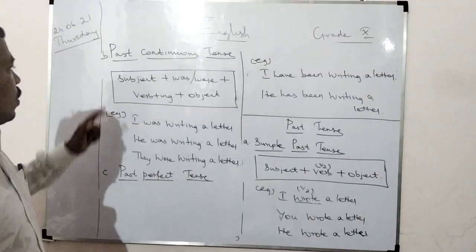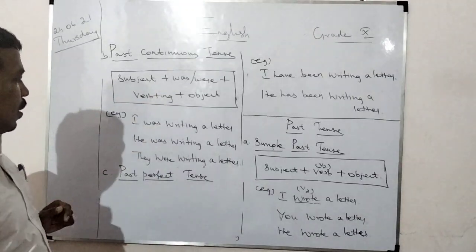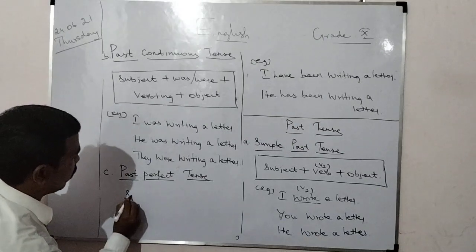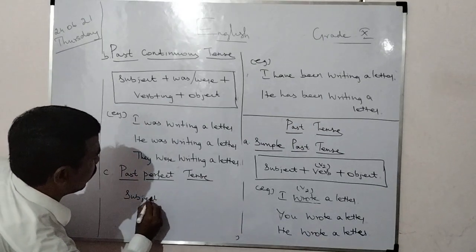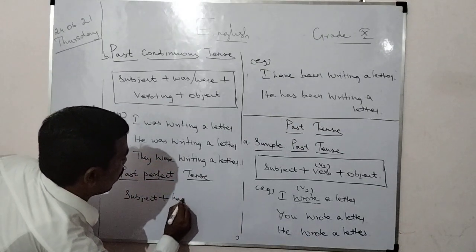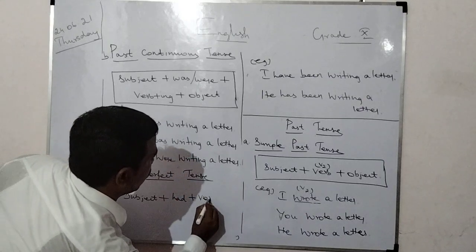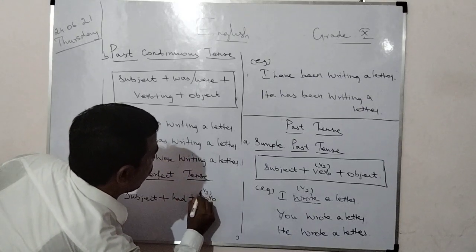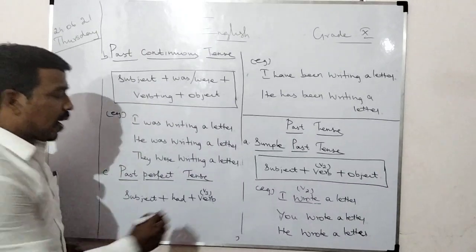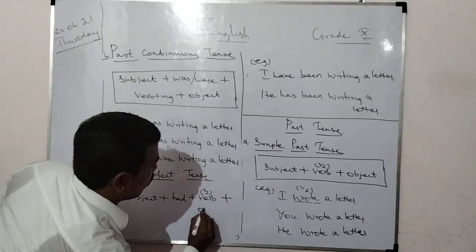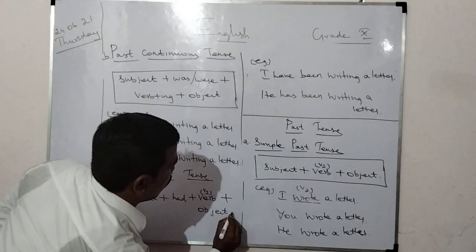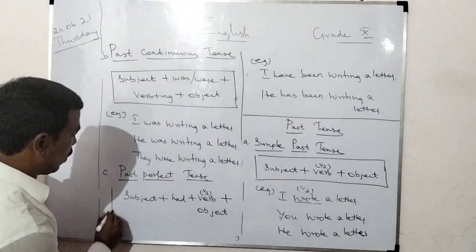Past continuous completed, now past perfect. Subject plus had plus verb, where the verb is the V3 form. Subject plus had plus V3 plus object. Keep it in your mind.